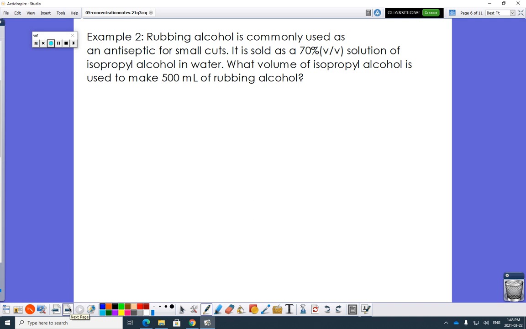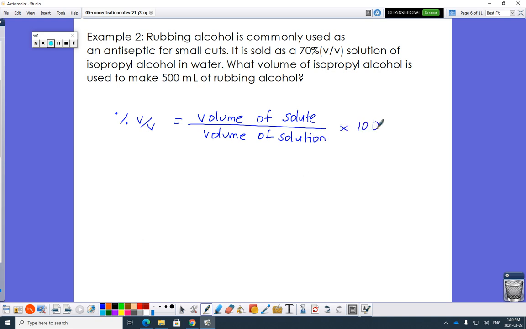It is sold as a 70% V/V, so again, it's telling you volume, solution of isopropyl alcohol in water. What volume of isopropyl alcohol is used to make the final solution? So it tells us percent V/V, times 100.